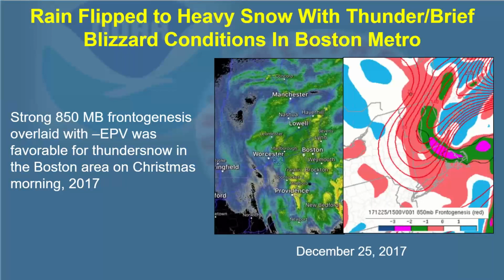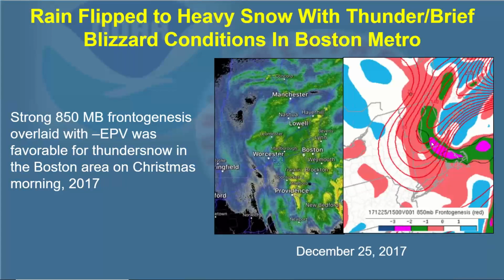So this is again the same case study. For those of you who remember this event, it was rain changing over to heavy snow with thundersnow and brief blizzard conditions in the metro Boston area. If you take a look, there was a strong 850 millibar frontogenesis. 850 millibar, you're talking about 5,000 feet above sea level, overlaid with negative EPV.